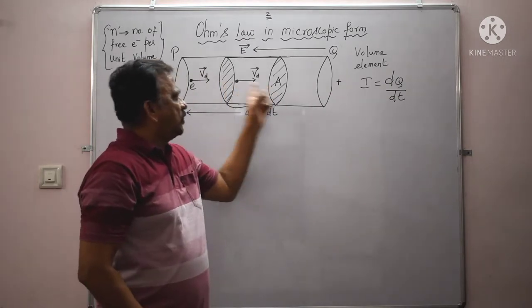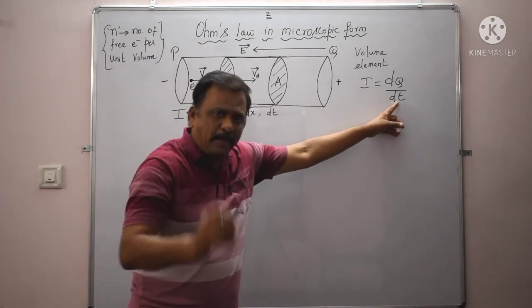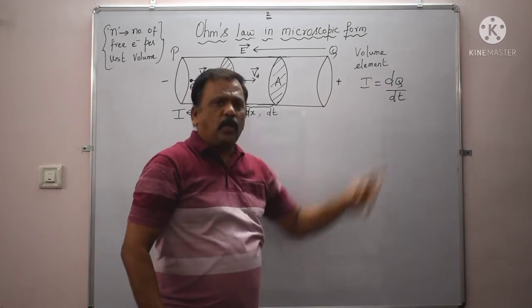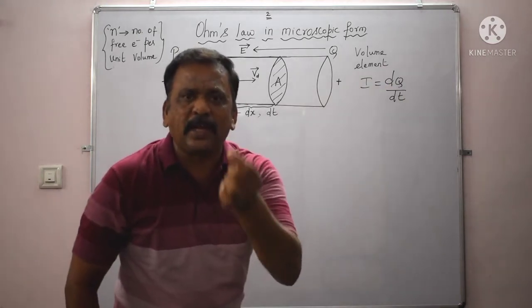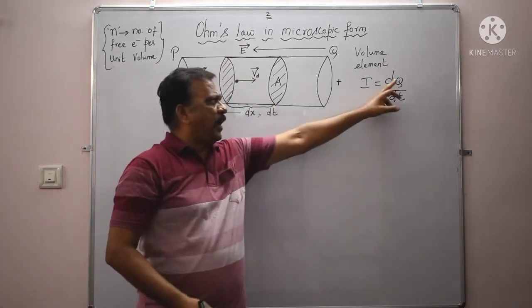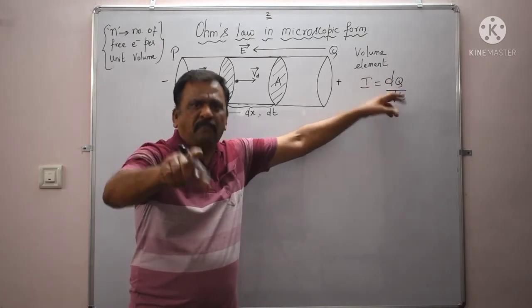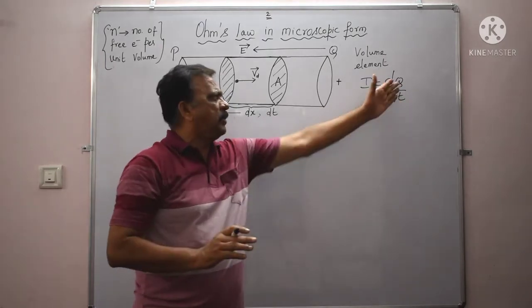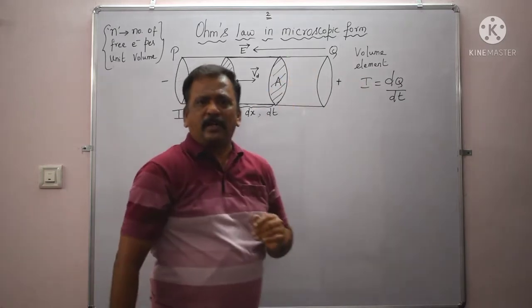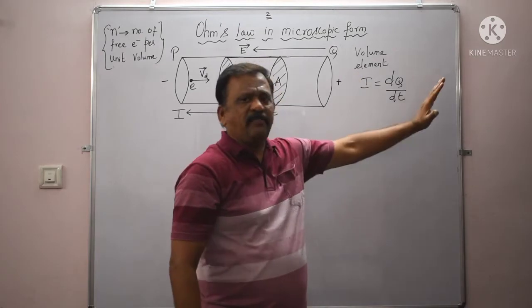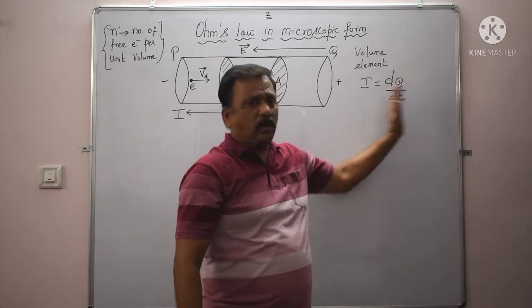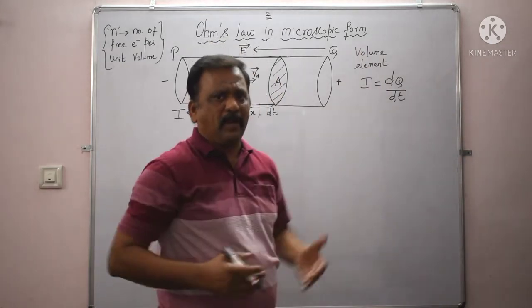Preferably, the quantity of charge dq should be in terms of the drift velocity of the electrons. I will find dq in terms of drift velocity and substitute it over there. On simplification, I will end up with an expression which relates current and drift velocity, with current on one side of the expression and drift velocity on the other side. That's what I mean by relation.